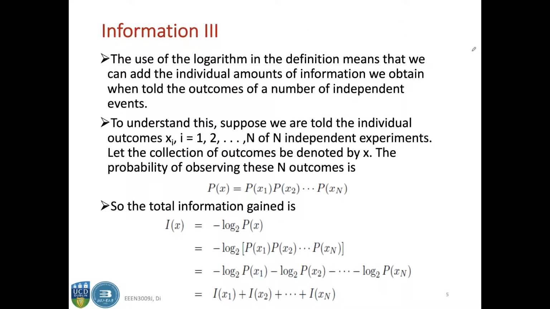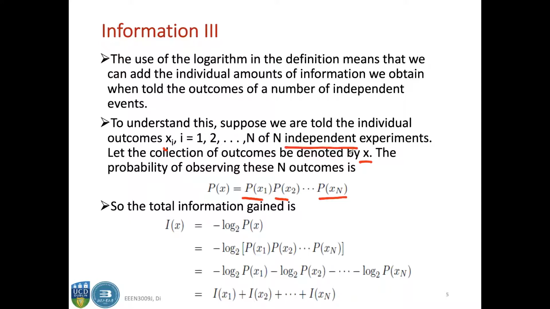Now the use of the logarithm in the definition means that we can add the individual amounts of information we obtain when told the outcomes of a number of independent events. Suppose we are told the individual outcomes xi of n independent experiments, and let the collection of outcomes be denoted by x. The probability of observing these n outcomes will be the multiplication of all these individual probabilities, because all of them are independent.